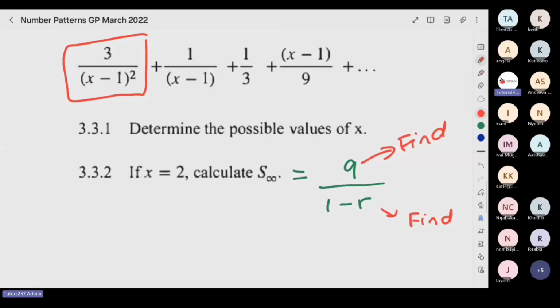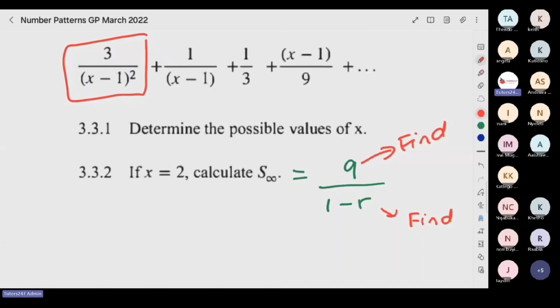Alternatively, we solved for r in terms of x in the previous question: x minus 1 over 3. So if you substitute x equals 2, you will have your value of r. We are going to substitute x equals 2 into the first term, and into our equation of r, and substitute all of that into our sum to infinity formula, and that is it.